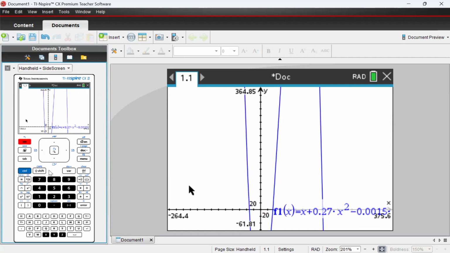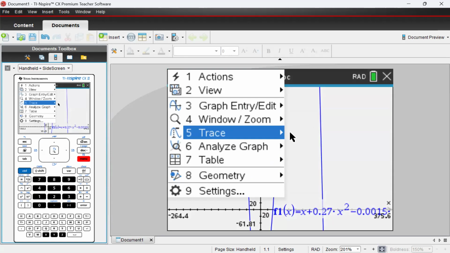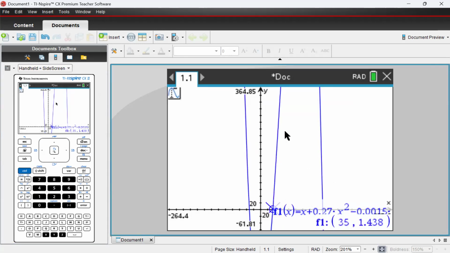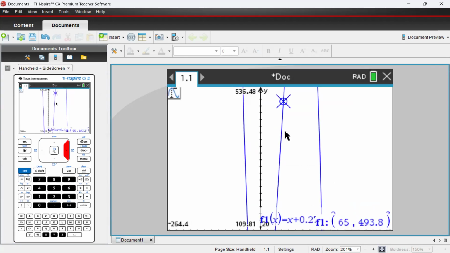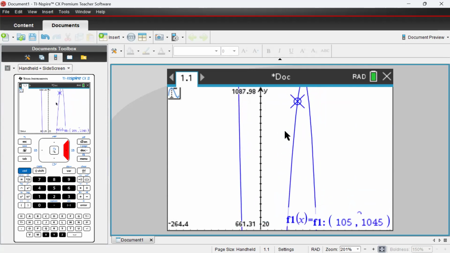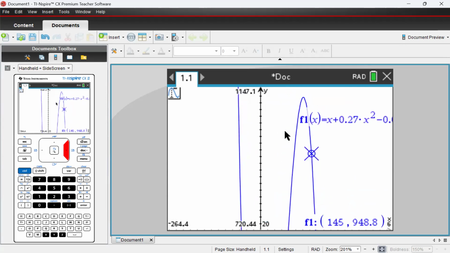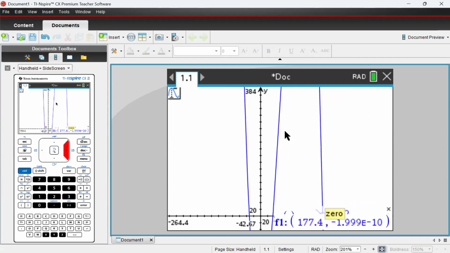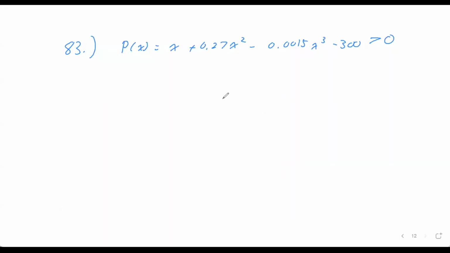All right, so yeah, menu, trace, graph trace. I got 35, and I just kind of hit the right arrow key until I go to the tippy top, and I get 177.4. So let me bounce back to where we were. So that's 35 and 177.4.